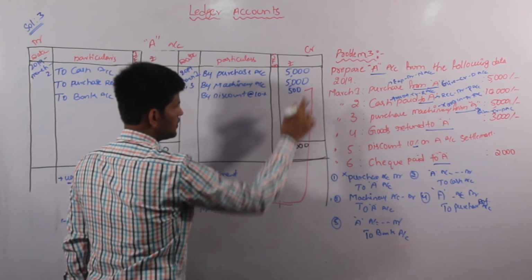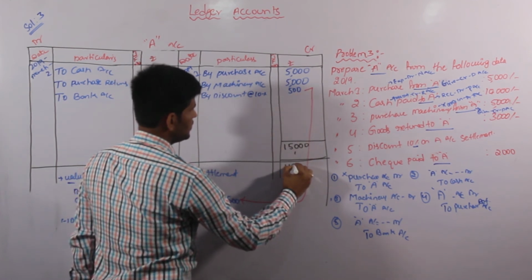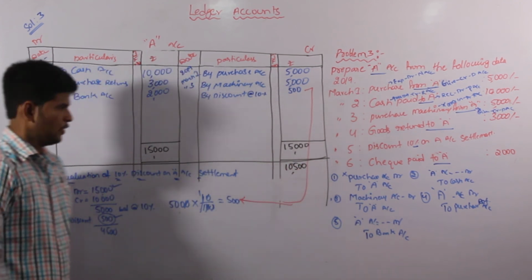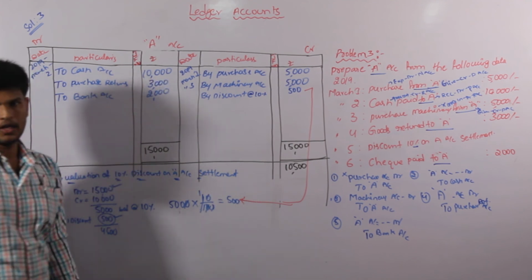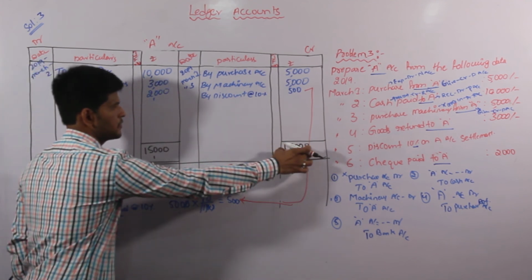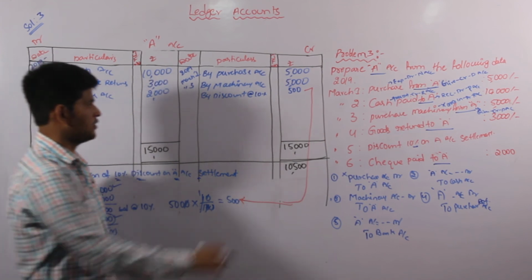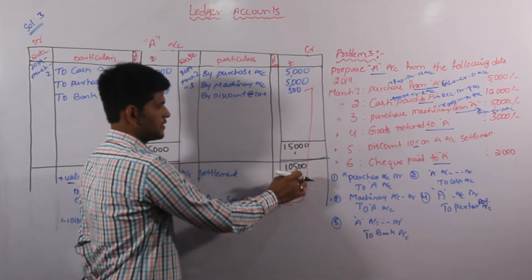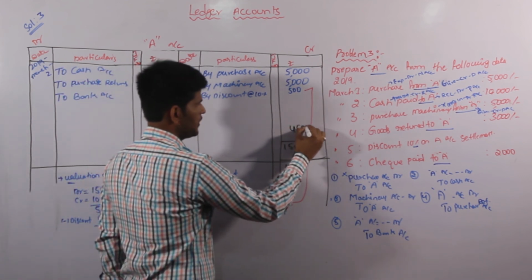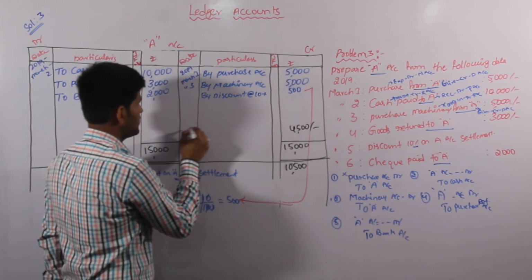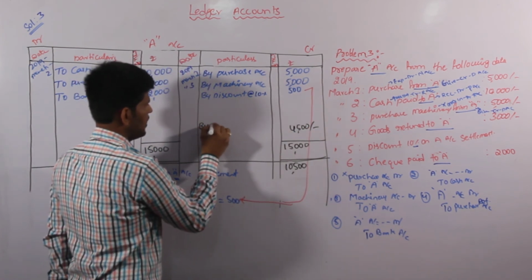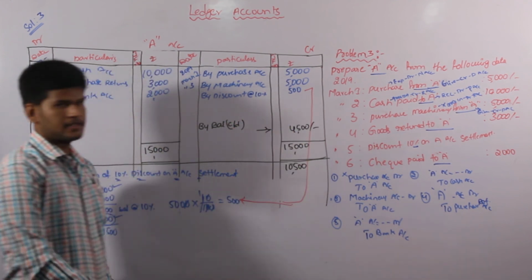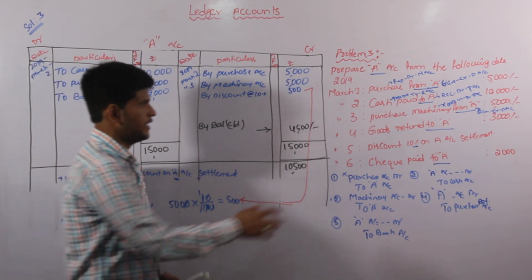The credit side entries total 10,500. The excess value we have to write in both columns. The smaller side is balanced by the difference: 15,000 minus 10,500 is 4,500. We call this balance carried down. Right? This is the procedure for calculating the 10% discount.